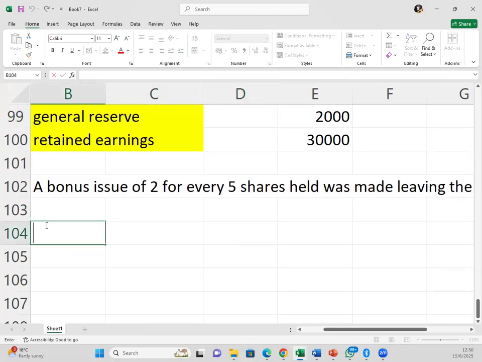So we made a bonus issue of 2 for every 5. We need the number of shares.